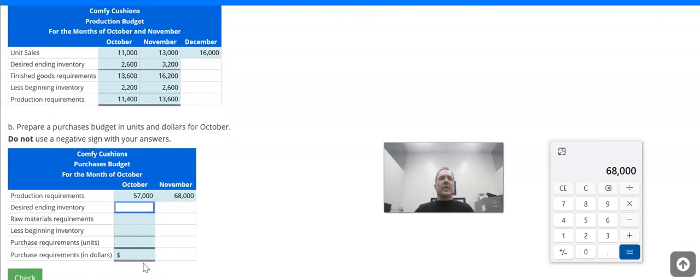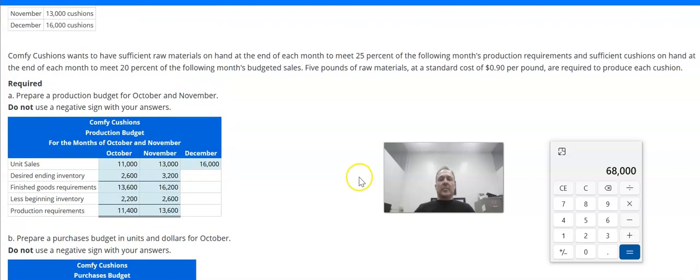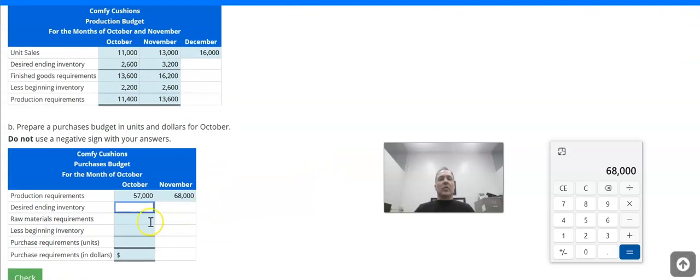All right, so desired ending inventory. If we look back up here in the scenario, it says that they want 25% of the following month's production requirements. So in October, we're focusing on November, and we already have 68,000 on the calculator.